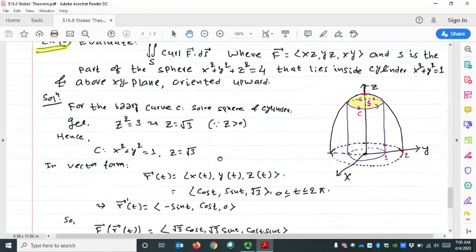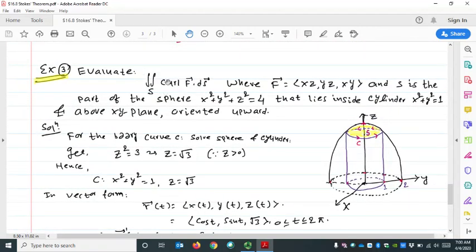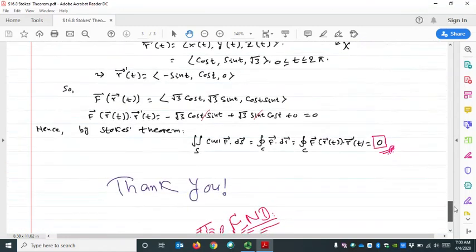what are we computing here? We are computing the surface integral, but using Stokes theorem we are computing the line integral.